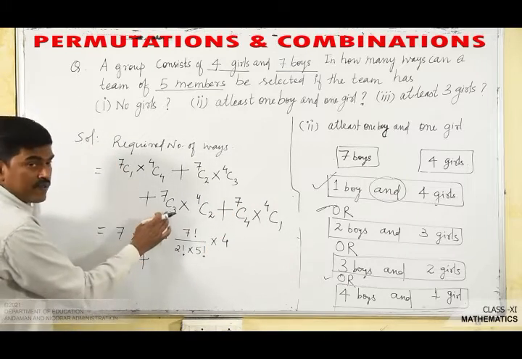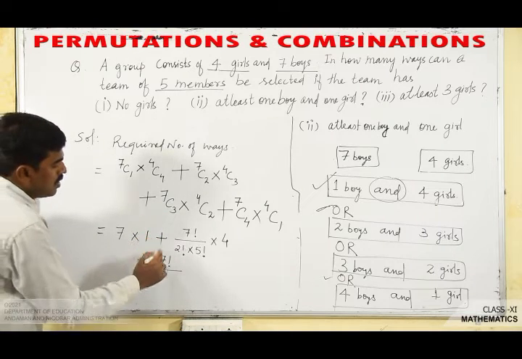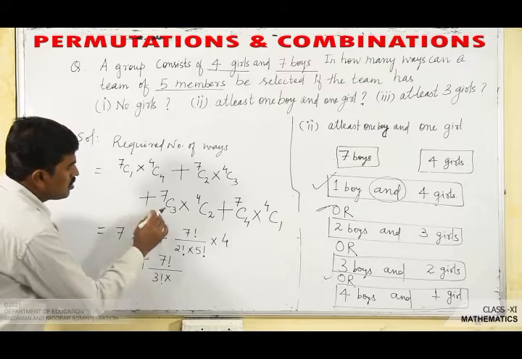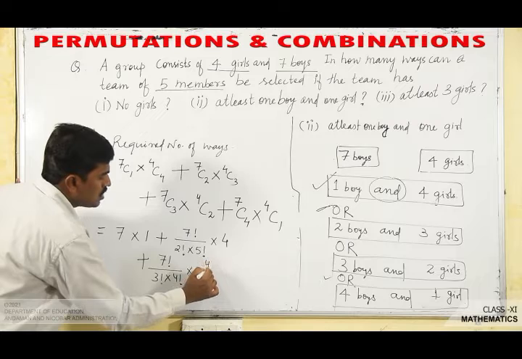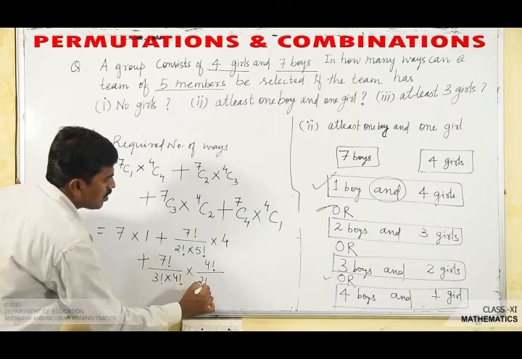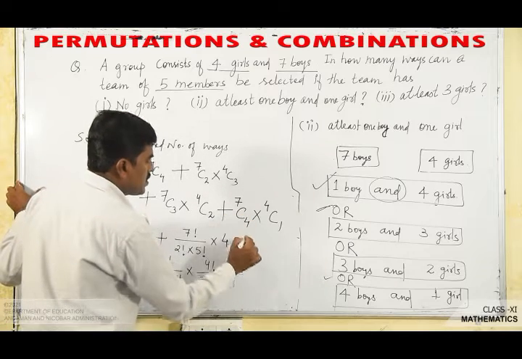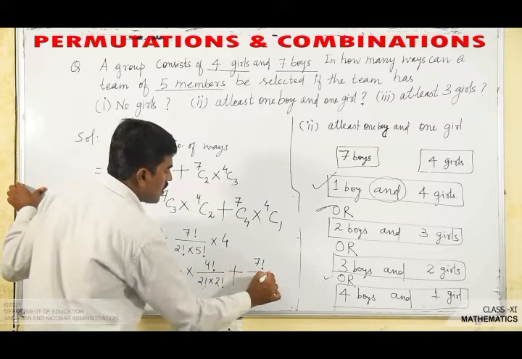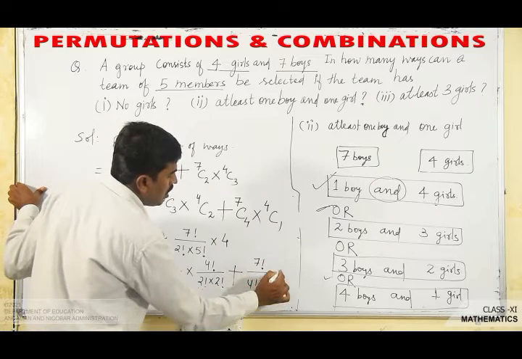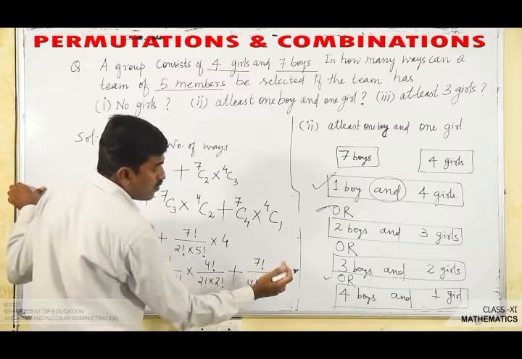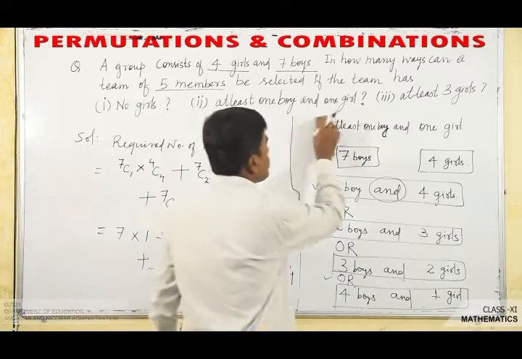Then plus 7C3, that is 7 factorial divided by 3 factorial into 7 minus 3, that is 4 factorial, into 4C2, so it is 4 factorial divided by 2 factorial into 2 factorial, plus 7C4, that is 7 factorial divided by 4 factorial into 7 minus 4, that is 3 factorial, and into 4C1, that is equal to 4. Okay, clear.